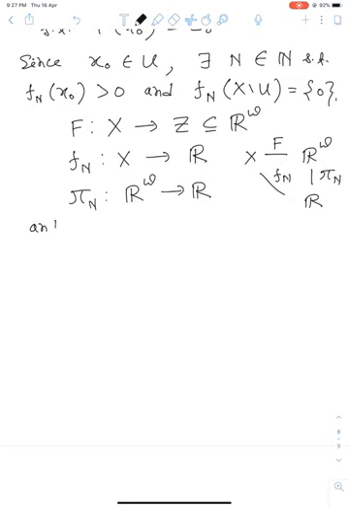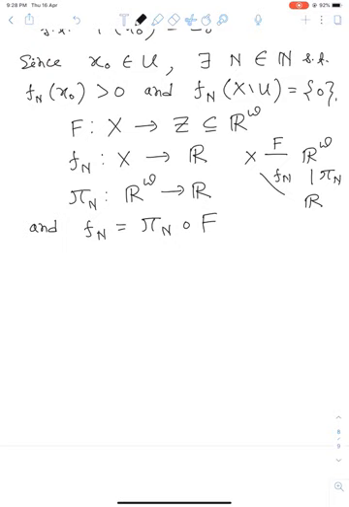And f_n is π_n composed with F, right? Okay, so this is the situation. Now we need to find a set W. First of all, it is given that f_n(x_0) is bigger than 0. This is the idea of how to find that set.